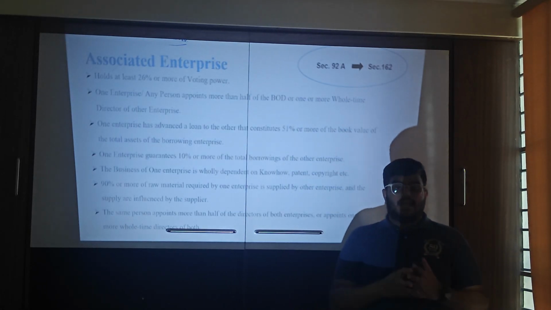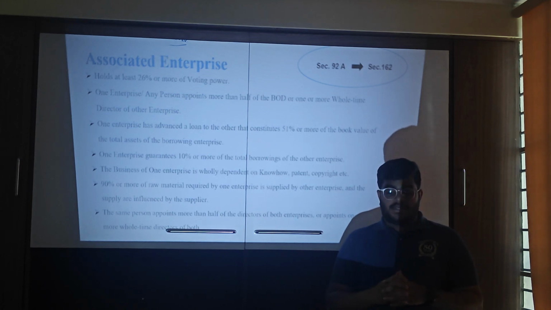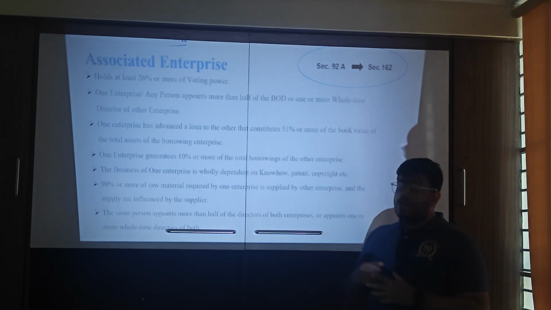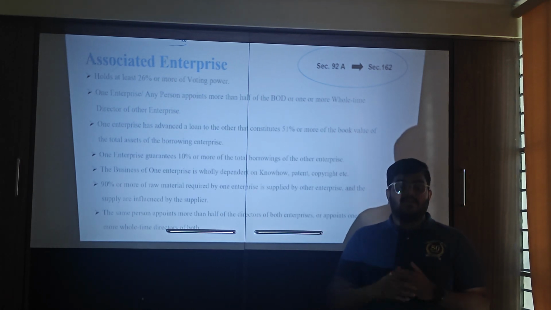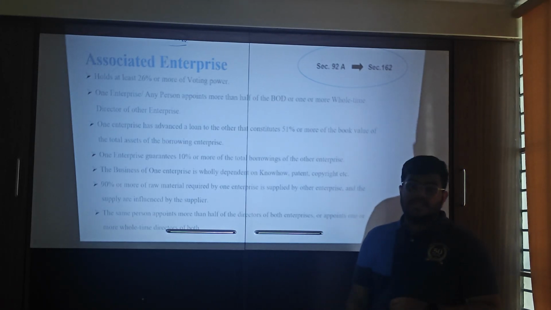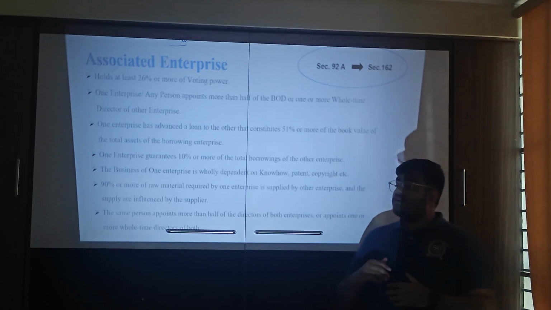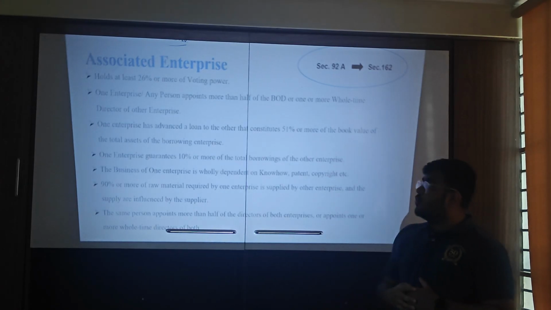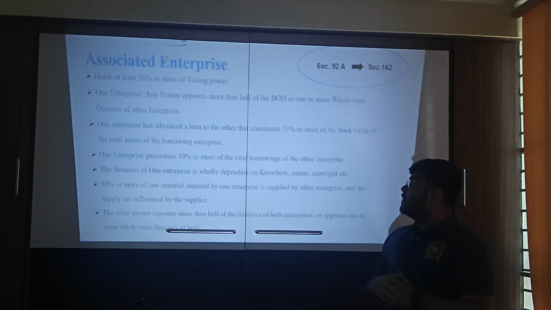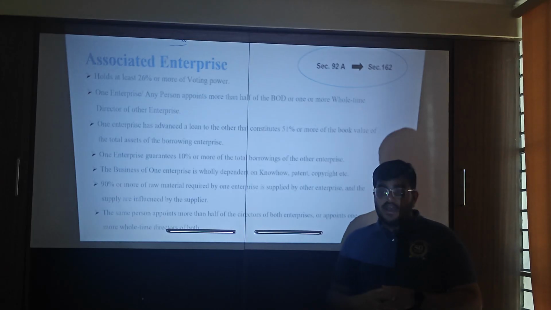Transfer pricing is about transactions between associated enterprises. These are some of the conditions where, if any enterprise falls under them, they are treated as associated enterprises. The first condition is that if one enterprise holds 26% or more of voting power in another enterprise, it will be termed an associated enterprise.